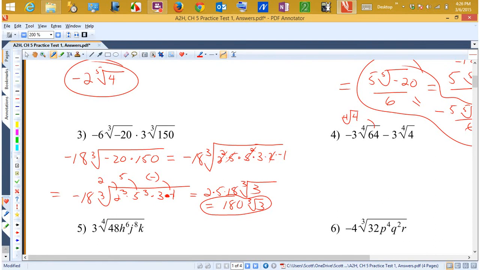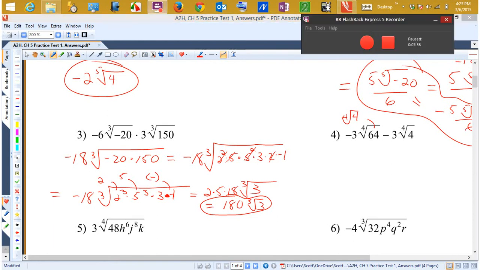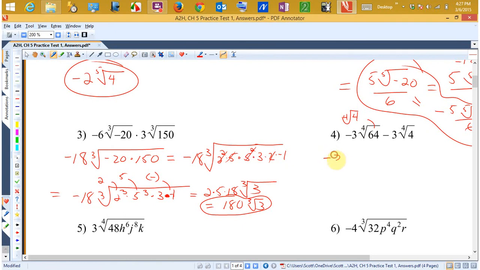And what we can do there is rewrite this as a negative 3 times the fourth root of 16 times 4, minus 3 times the fourth root of 4.